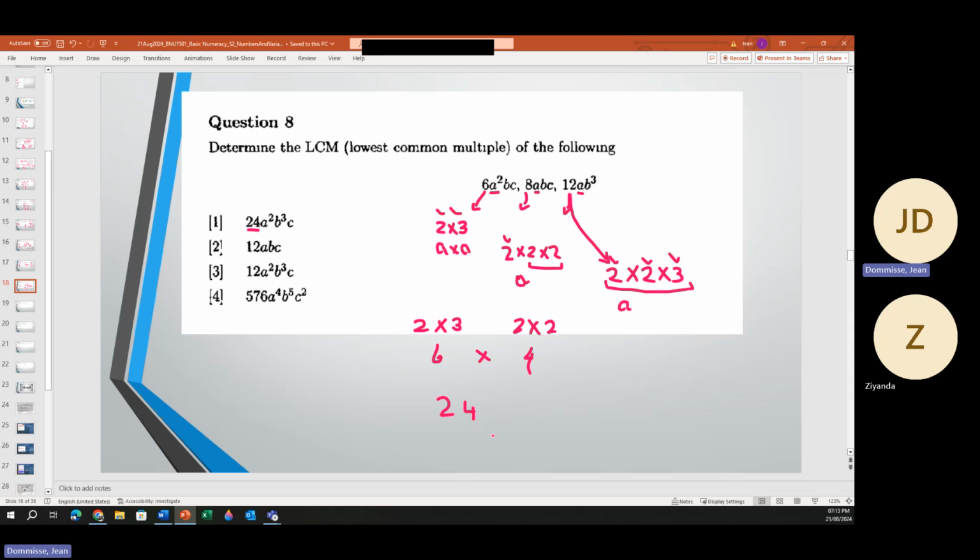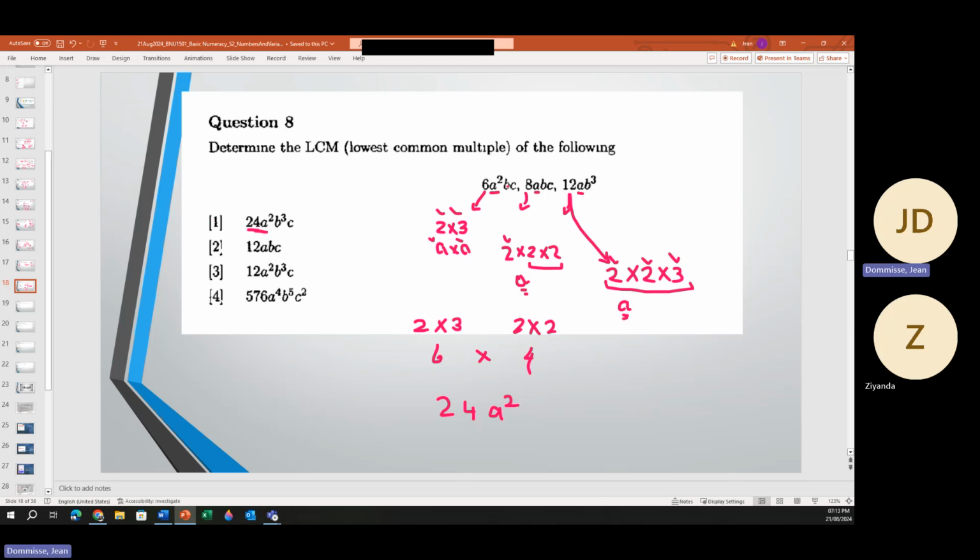So A times A, I have A to the power of 2. And that will cover that A with that, and it will cover that A. So my A's are covered, the most of them is A to the power of 2. And so far, it is in line with option 1.